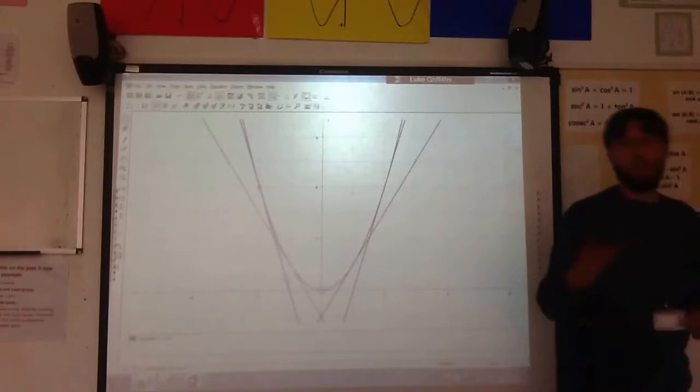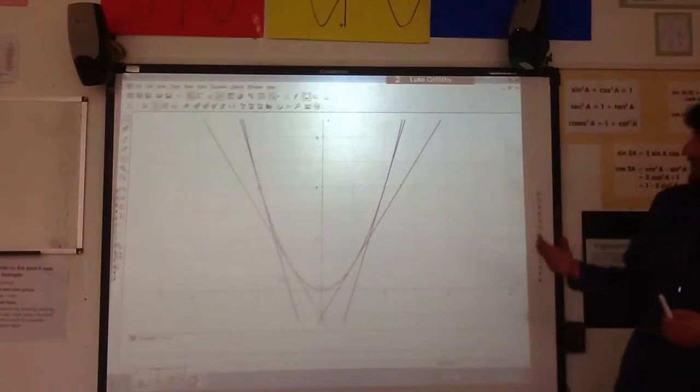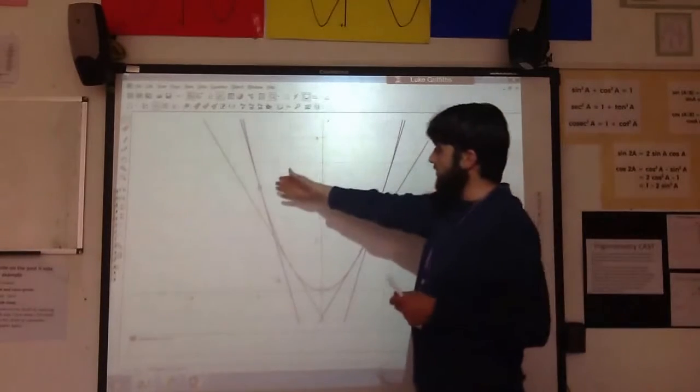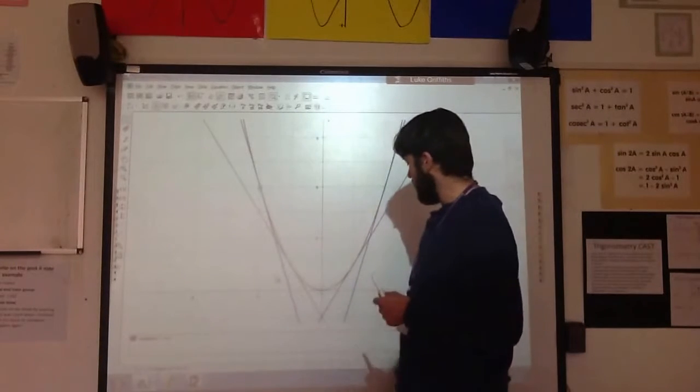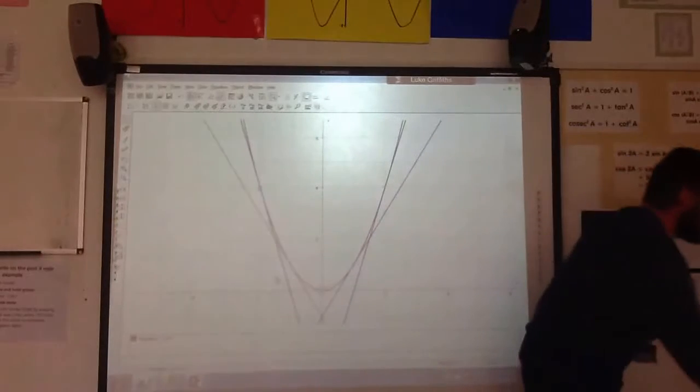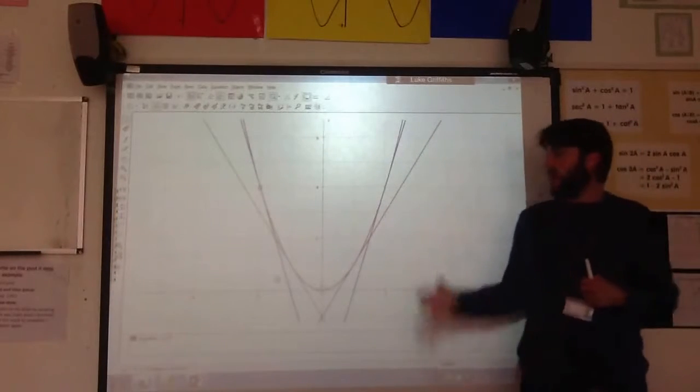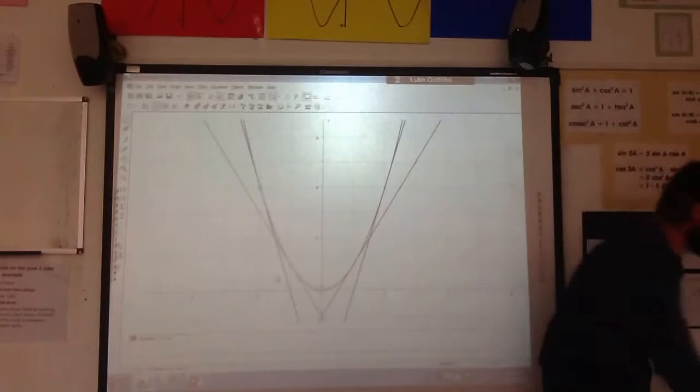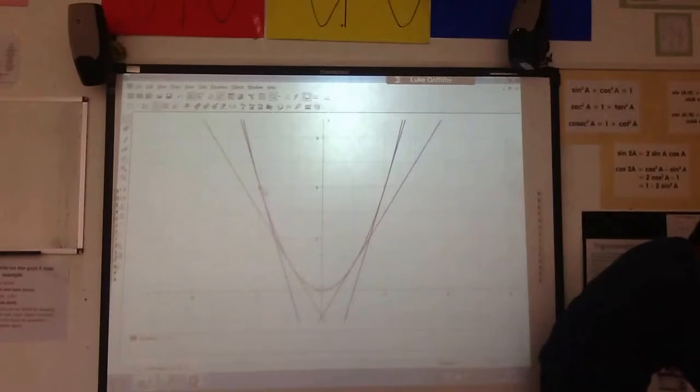So I've put four tangents on that graph. One at x is minus 2, one at x is minus 1, one at x is 1, and one at x is 2. The graph is y equals x squared. So let's put some information about these up on the board.